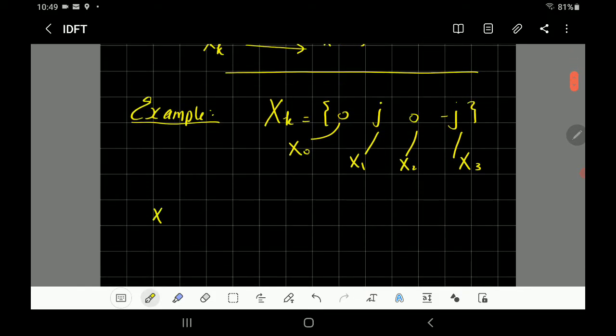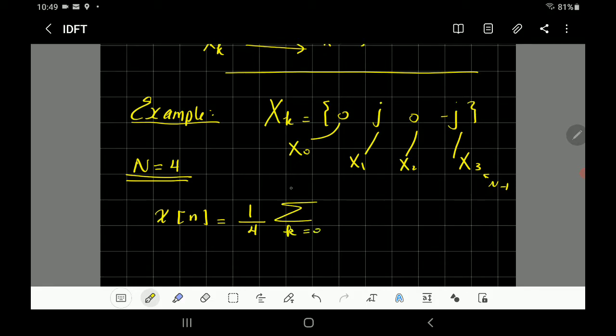So we'll write it as x small, x[n], the sequence, equal to 1 over N. N here is equal to 4, so 1 over 4. And the sigma would be from k equals 0 to N minus 1, which is equal to 3.